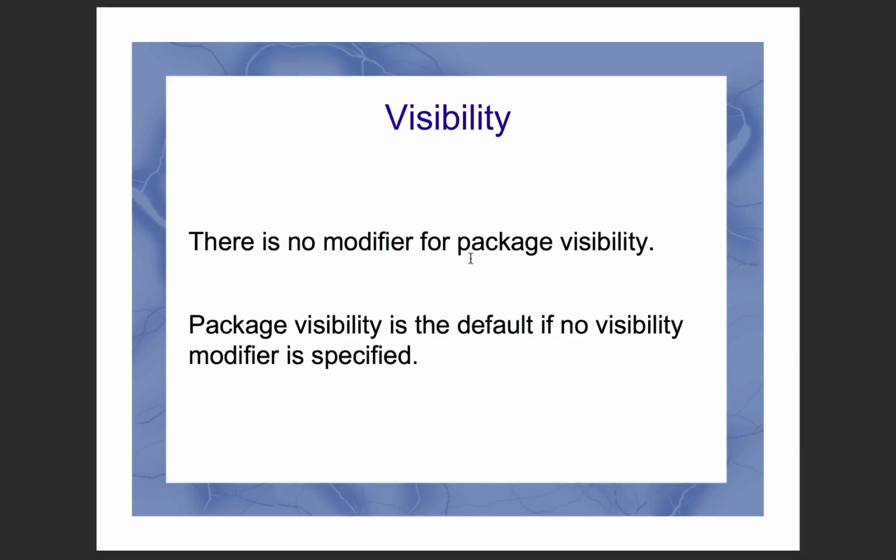But in case of package visibility, you don't need to write anything, without having public, private, or protected. That tells you the data member will be under package visibility. That means if you don't mention public, private, protected, then it will be under package visibility. So package visibility is the default if no visibility modifier is specified.